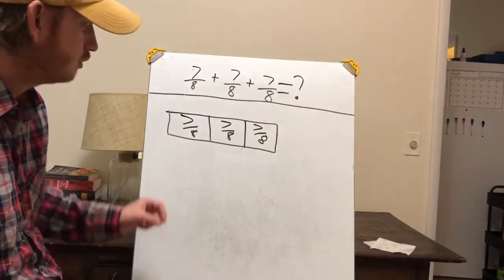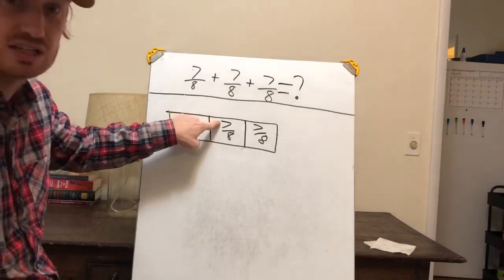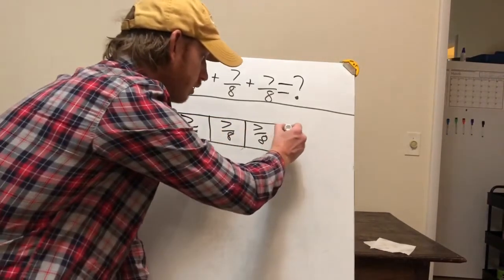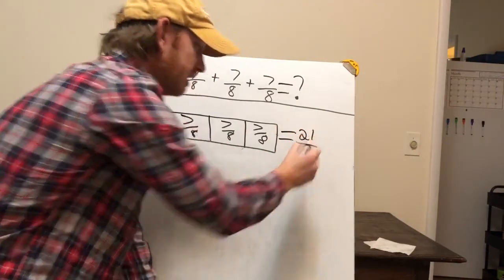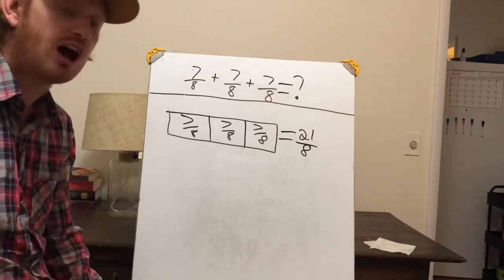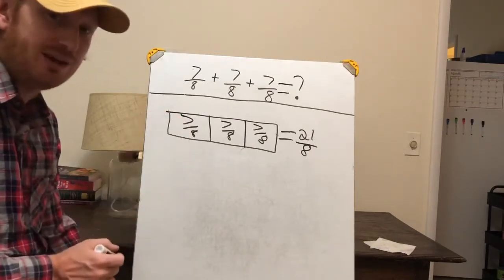Then all I have to do is add my 7s. 7 plus 7 is 14, plus 7 is 21. So that's going to equal 21 over 8. Now let's move on to the associative property and use multiplication to see if we come up with the same answer.